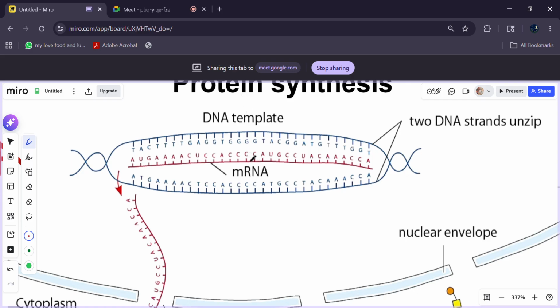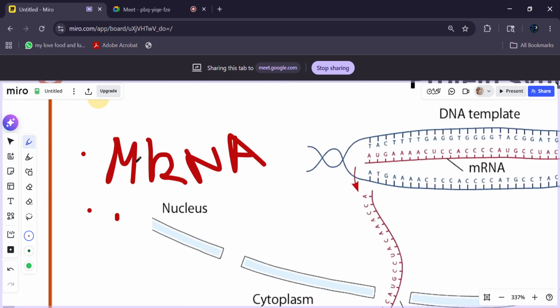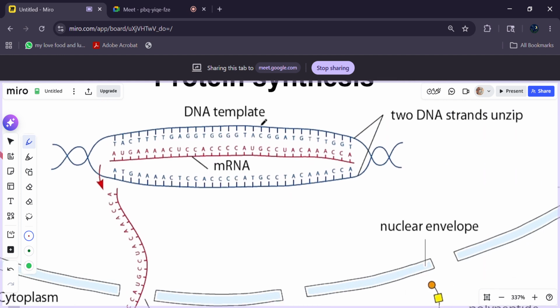Now, one of the DNA strands, called the template, is used to make the messenger RNA, which is mRNA. The M in mRNA stands for messenger. The mRNA copies the message in the gene.